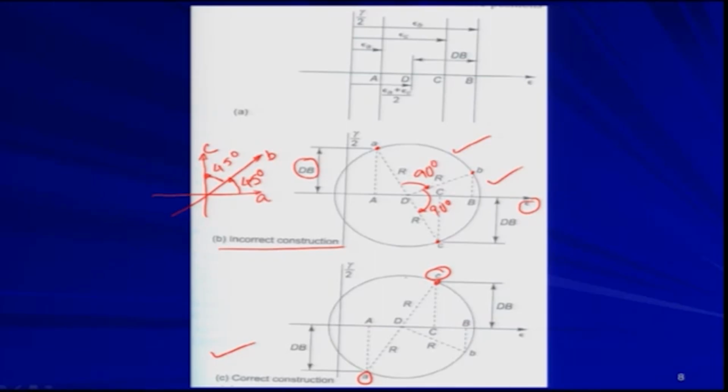Now you see, from A you get 90 degrees to reach B in the anticlockwise direction, and from B to reach C you again go 90 degrees anticlockwise, which matches the actual orientation. Therefore, this is the correct construction.